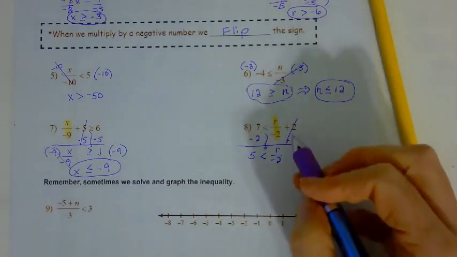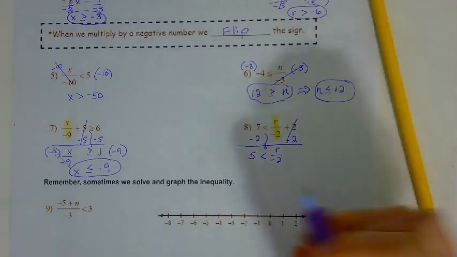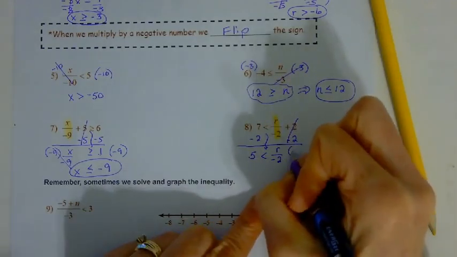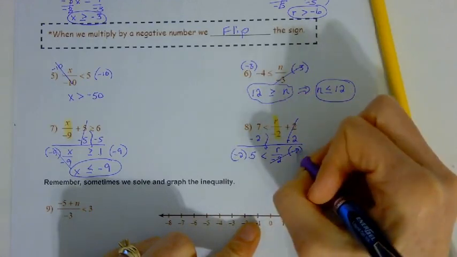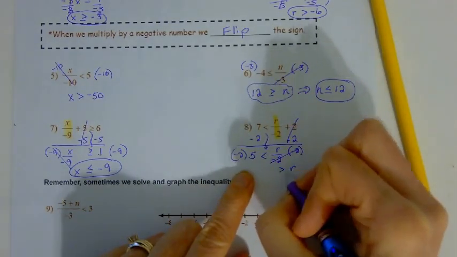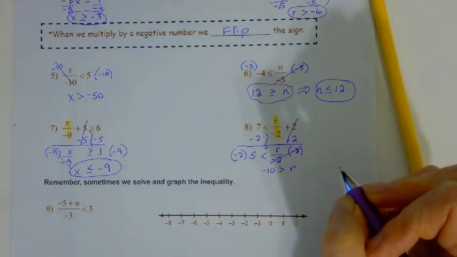So now we're going to multiply by negative 2 to solve for r. Multiply by negative 2 on both sides. And we get r, flip the sign, and negative 10. Now, we flipped the sign because we multiplied by that negative 2. And we have the variable on the right.